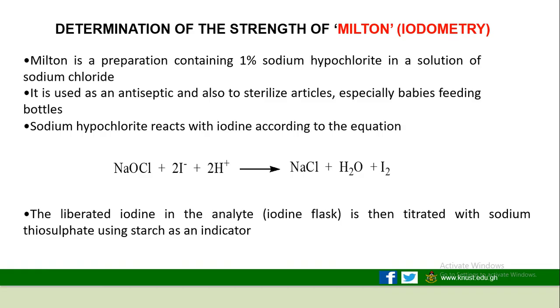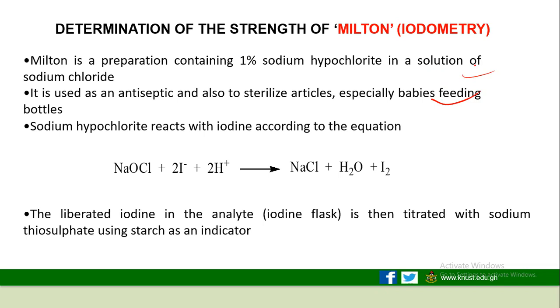Sodium hypochlorite reacts with iodine according to the equation. So, whatever information is up here, we want you to appreciate the reason why we are doing this. What is the importance of Milton? That's the reason why we are considering or working on this product.